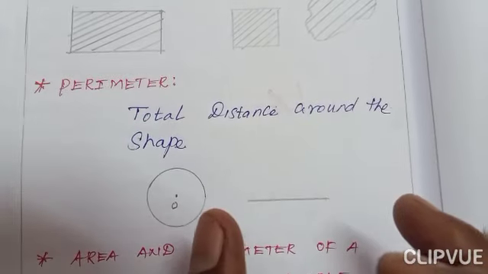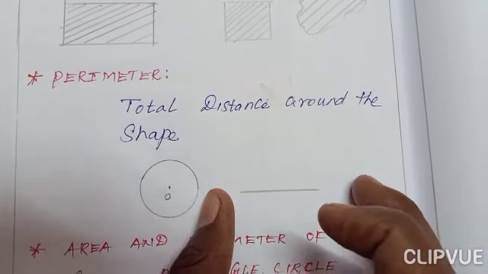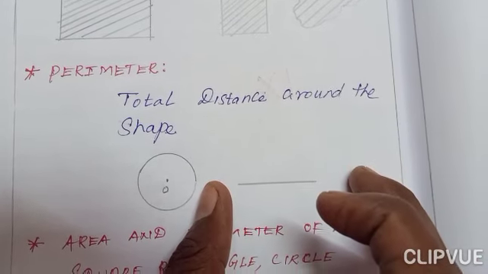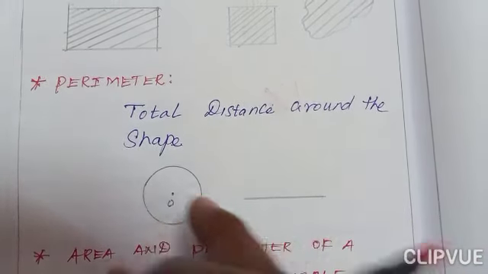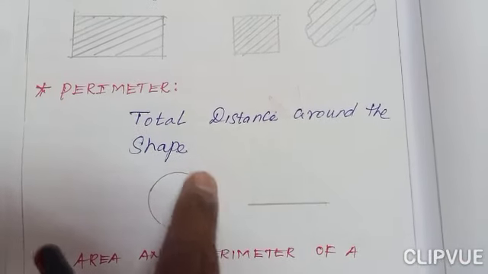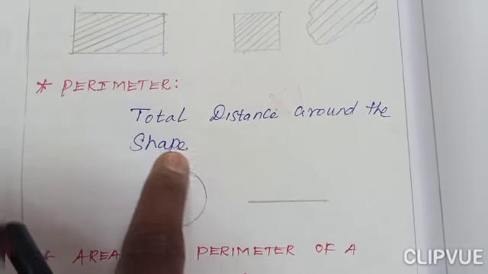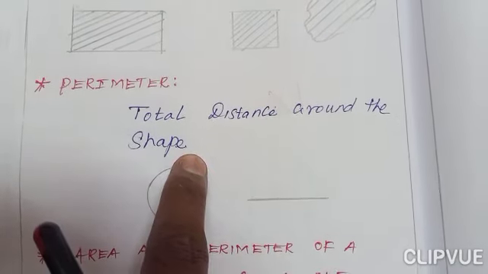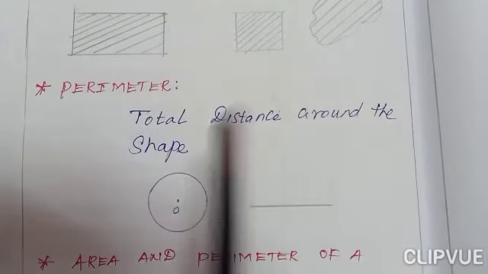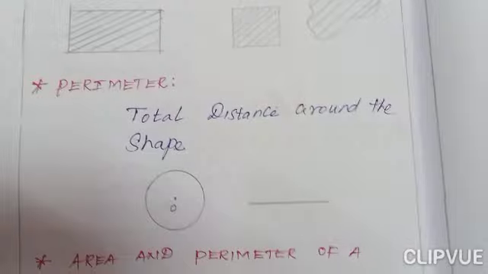Now you take a scale and measure the thread, and finally you get the length of the thread as 10 centimeter. Now you can easily understand the perimeter of an object. Again, we created a circle, meaning the total distance around the circle is equal to 10 centimeter. That is the definition given: total distance around the shape.